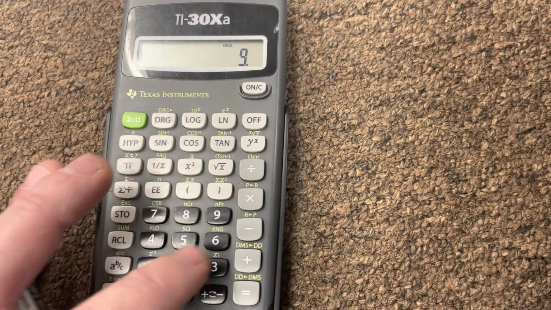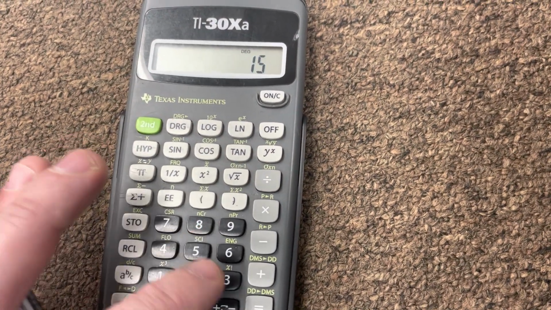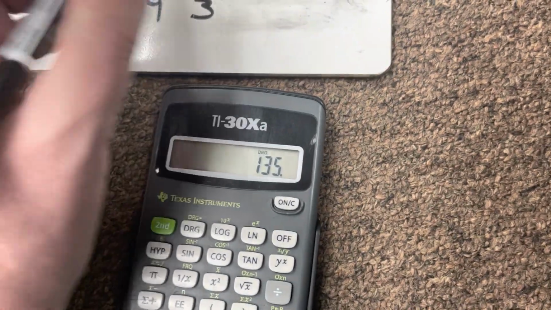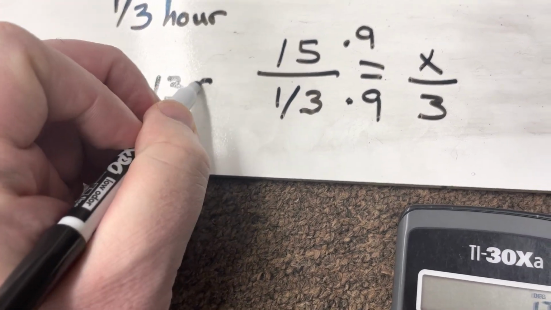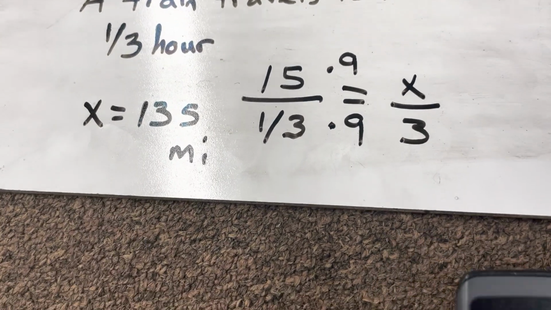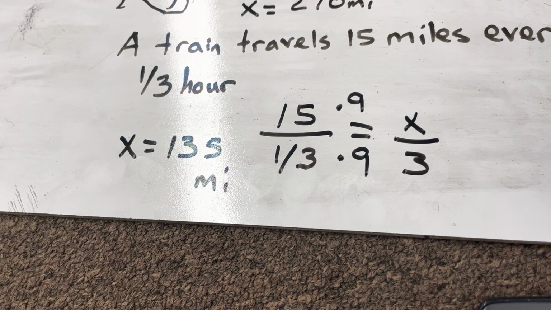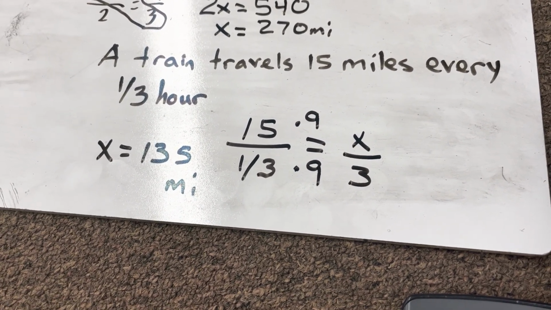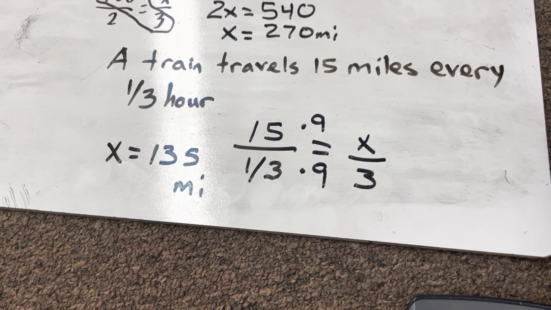I'm going to come down here. A 9's already there, so I'm just going to punch in times 15. That equals 135. So I find that x equals 135 miles in the 3 hours. So that's not terrible. So that's just kind of how that rolls.